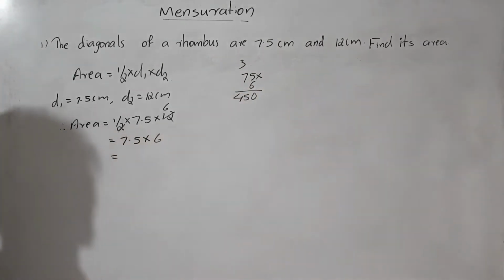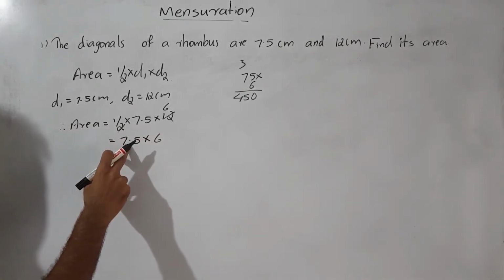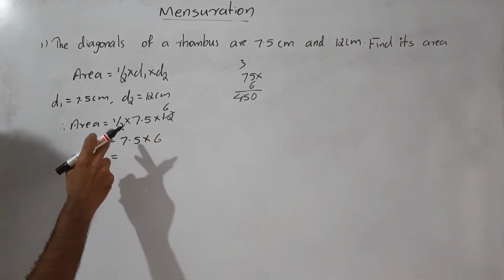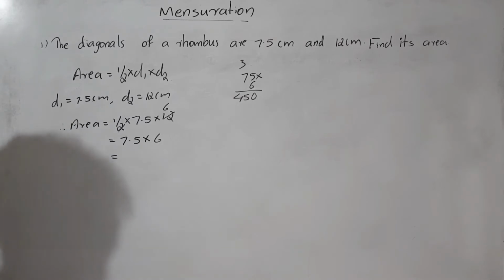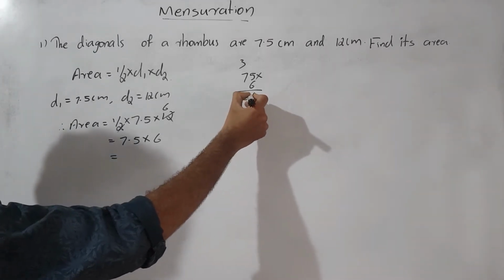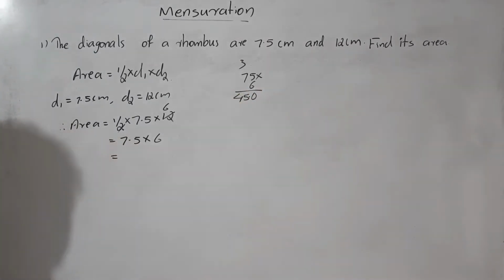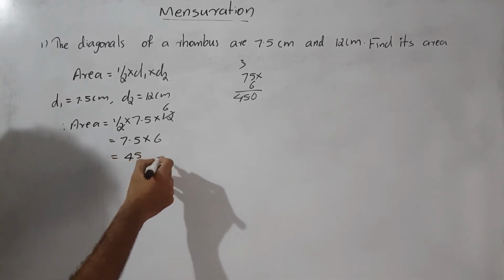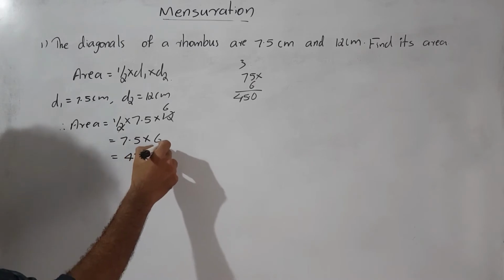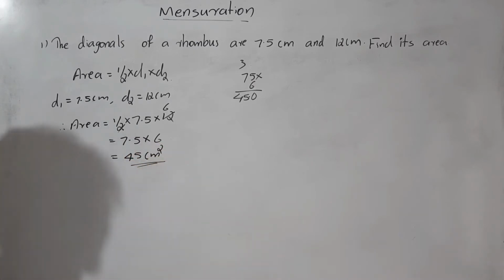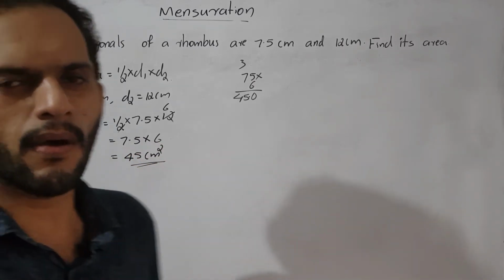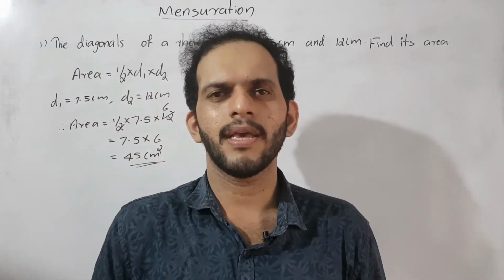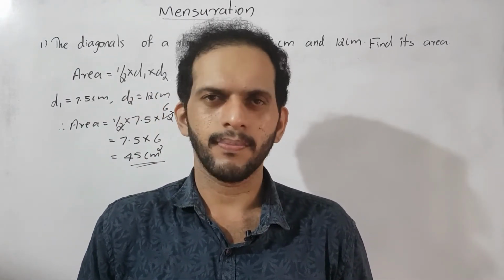In this answer we need to put the decimal point after one digit, because here we have the decimal point only after one digit. So this answer is 45.0, which is the same as 45 square centimeter. Correct? So the area of this rhombus is equal to 45 square centimeter.